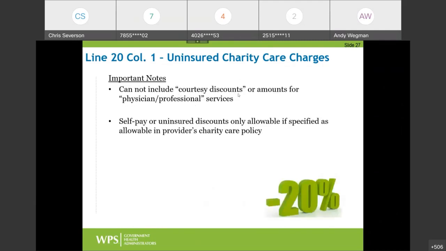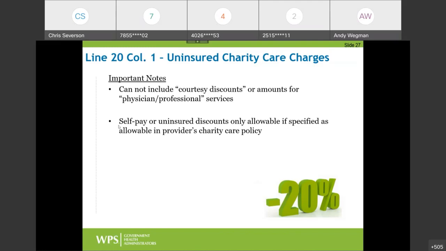Courtesy discounts, which a lot of times hospitals give for clergy, sometimes for family, those types of courtesy discounts that have nothing to do with financial status or anything like that, are not allowable. Physician professional services are never allowable as well.